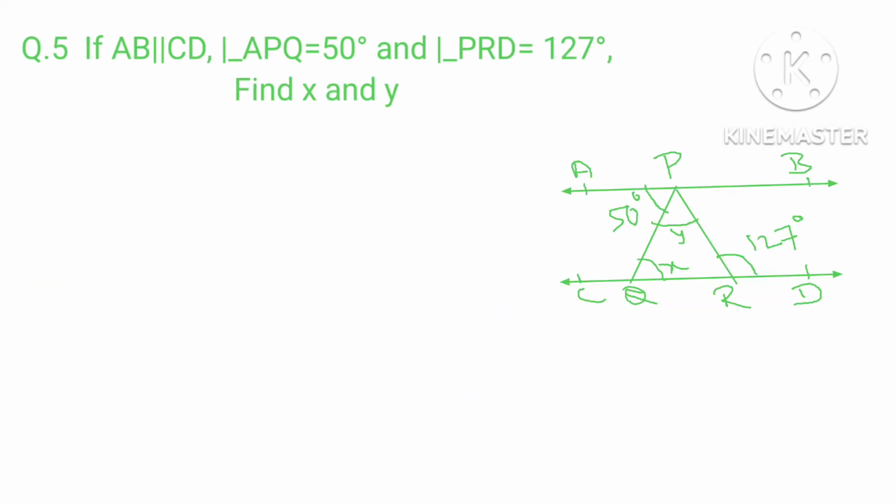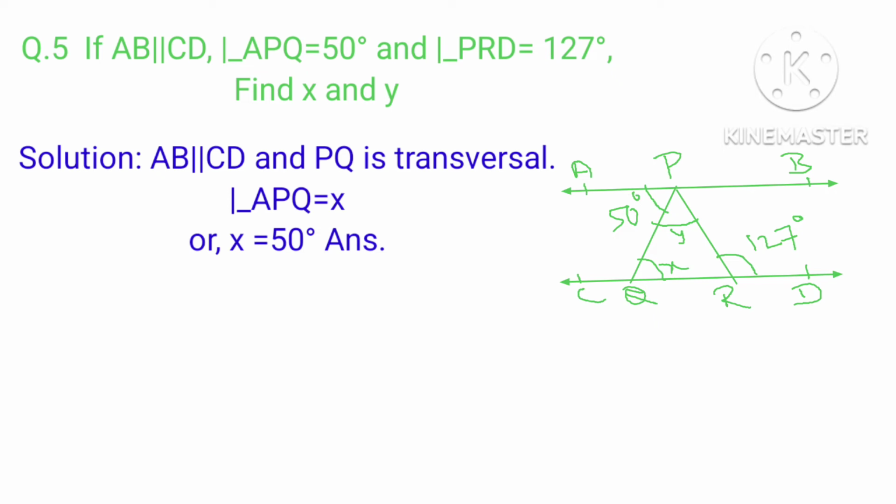Question number 5. If AB parallel to CD and angle APQ is equal to 50 degree and angle PRD is equal to 127 degree, find x and y. Solution.